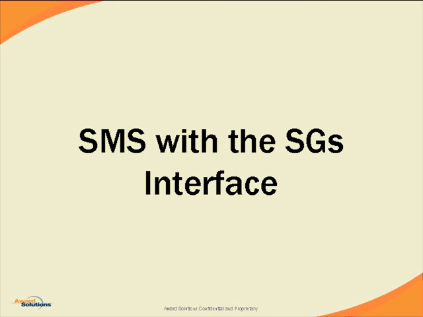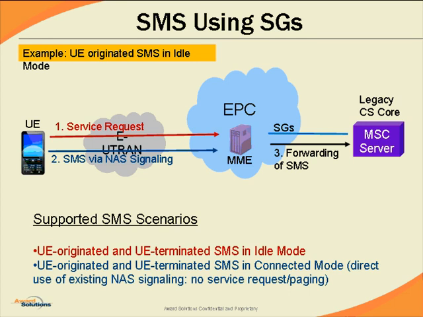Now, if you want to use some other alternative, then we have that available with the SGs interface. So here is the idea. Let's say we want to send SMS. If there is no IMS, no IP-based SMS, we can still send and receive SMS by using these interfaces between MME and the MSC server.